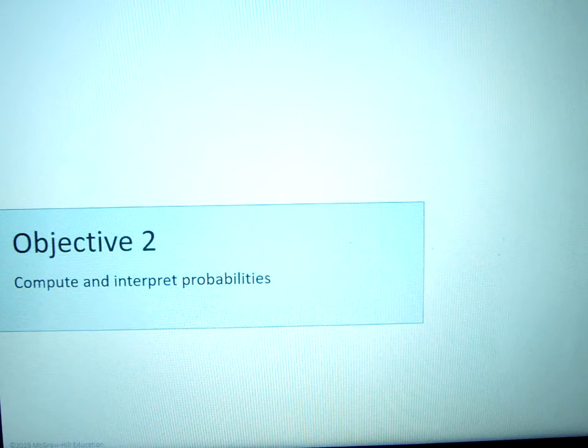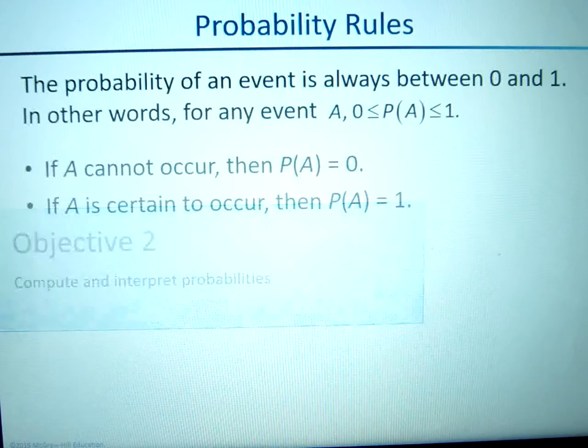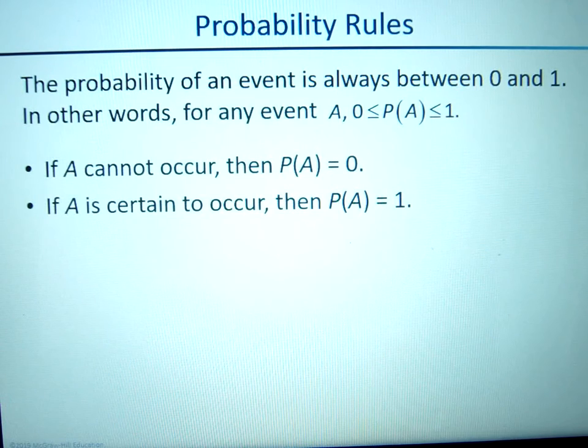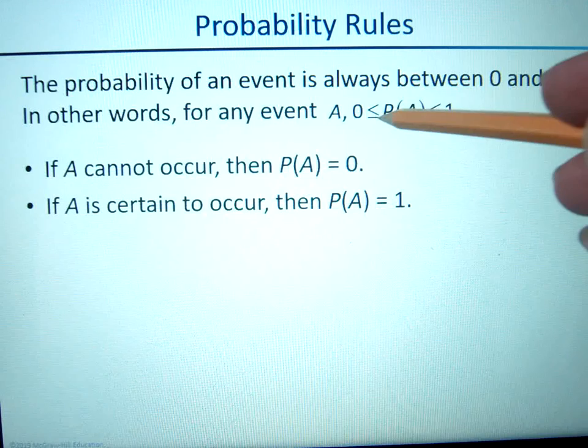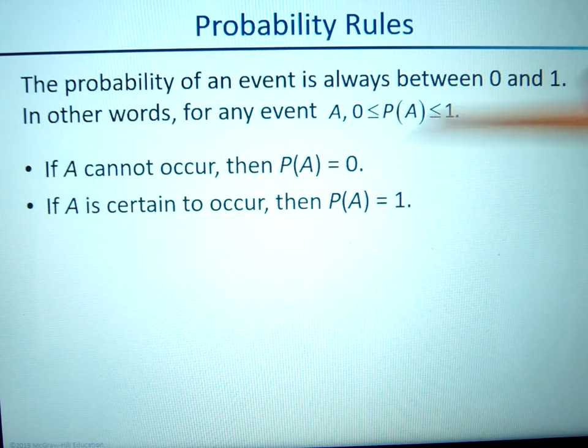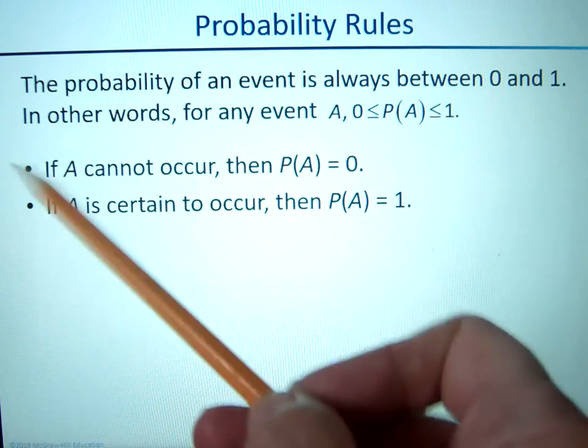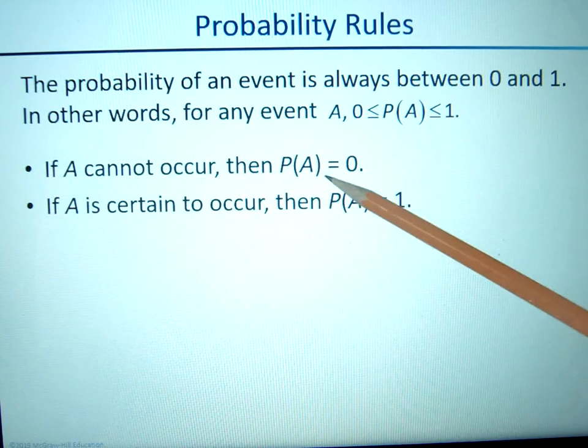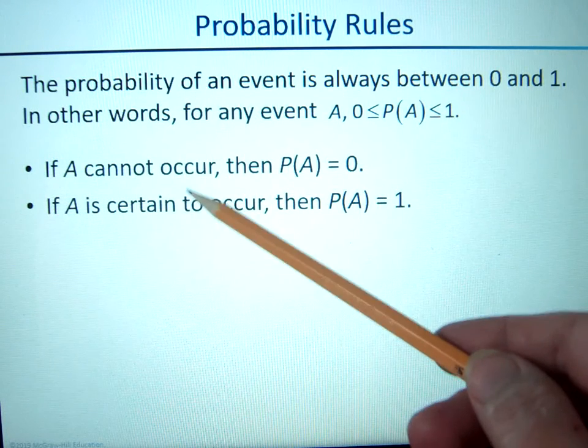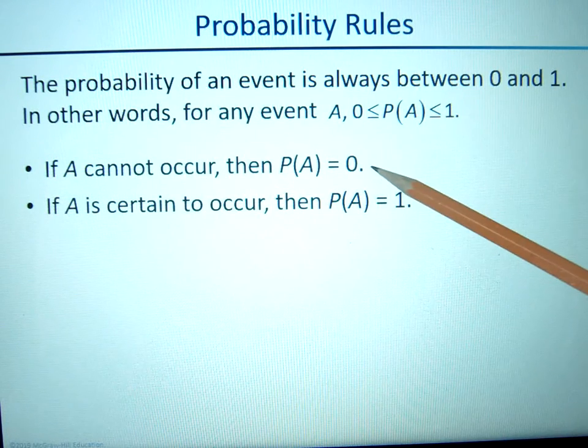All right, second objective already, compute and interpret probabilities. The probability of an event is always between 0 and 1. Well, not even between, but it can include 0 and 1, but rarely is 0 or 1. If the event absolutely cannot occur, then the probability is 0.